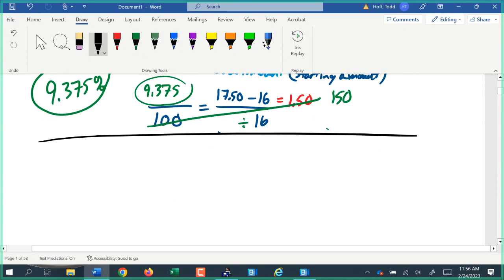But on the other side of that, let's say that we have already had an increase.